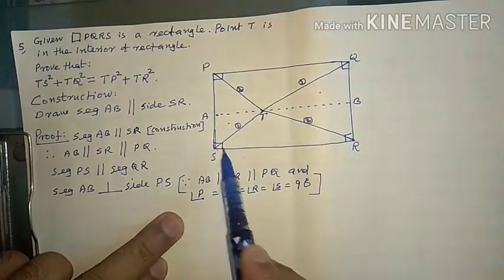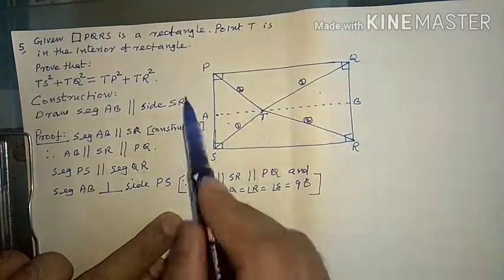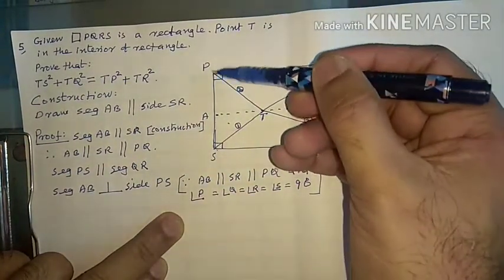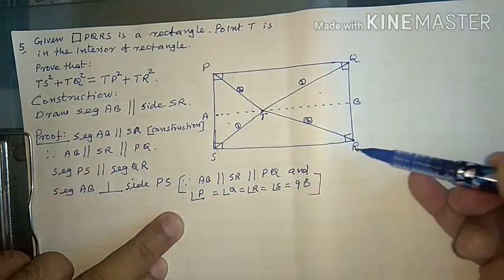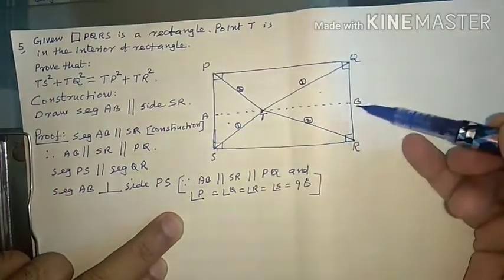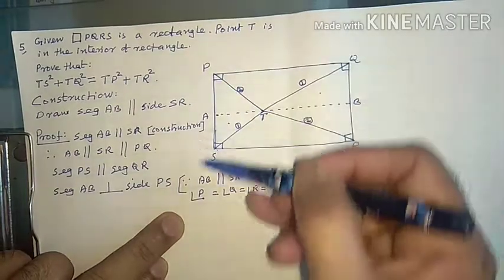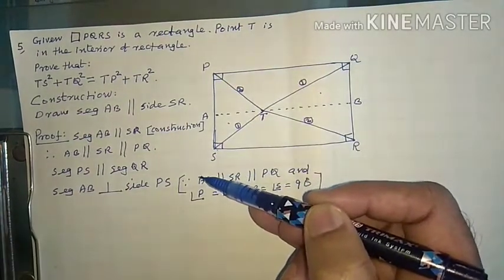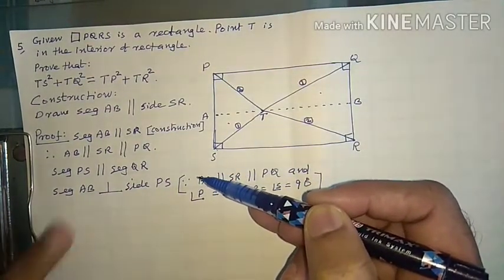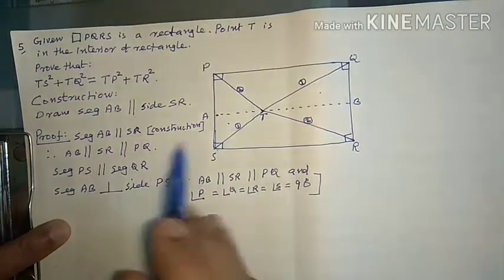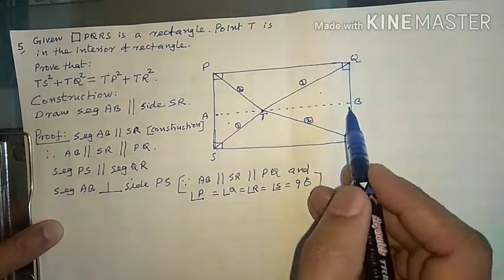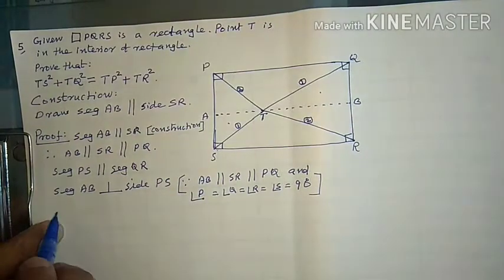These angles are 90 degrees and these are parallel. That means QP is perpendicular to PS, RS is perpendicular to PS, therefore BA is perpendicular to PS. So this AB is perpendicular to PS.